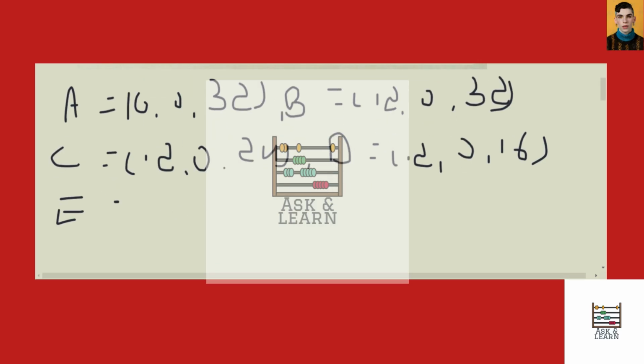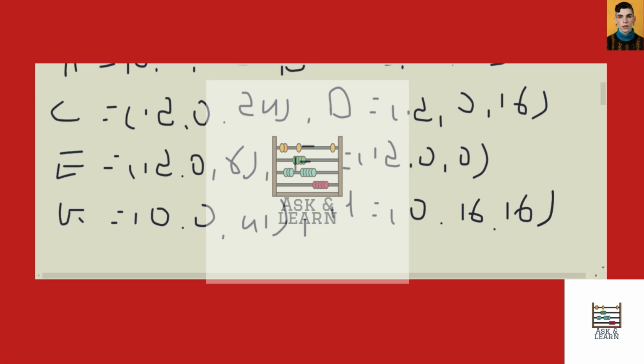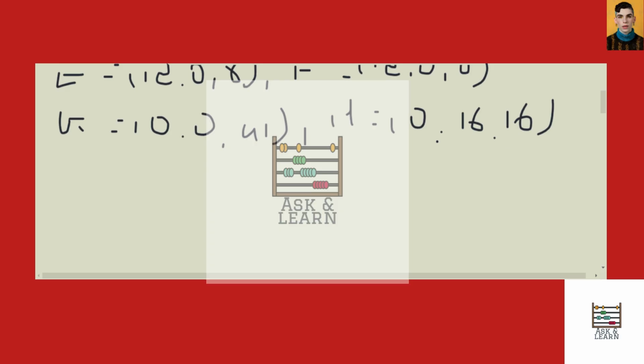E is equal to 12, 0, 8. F is equal to 12, 0, 0. G is equal to 0, 0, 41. H is equal to 0, 16, 16. And J is equal to 0, 16, 0.